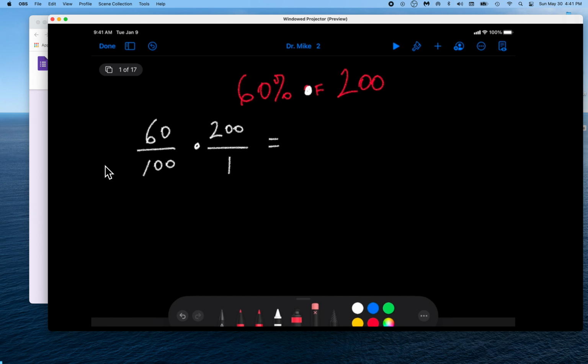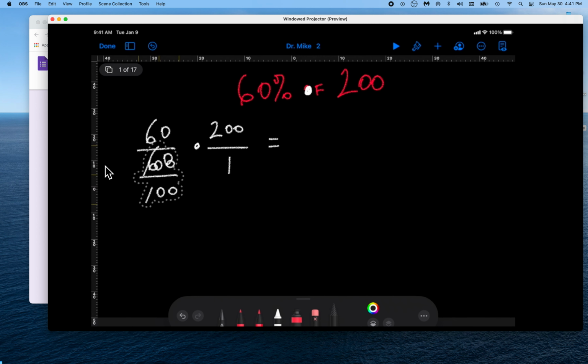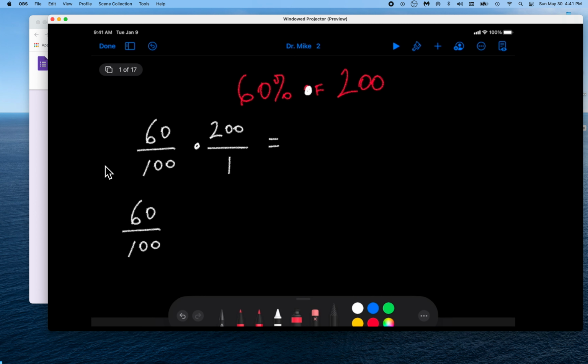All right, now, let's break down 60 over 100 together. Always start with the smaller number. So let's break this down to 6 times 10. And now look for a factor here. And if both of them go into 100, pick the bigger one. So this is going to be 10 times 10. Because we have 10 on the top and the bottom, and because we have multiplication signs, we can cancel.